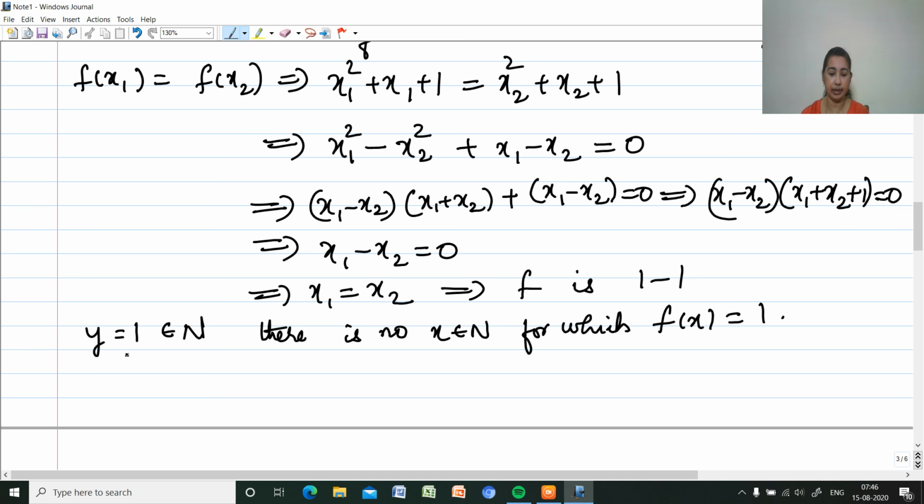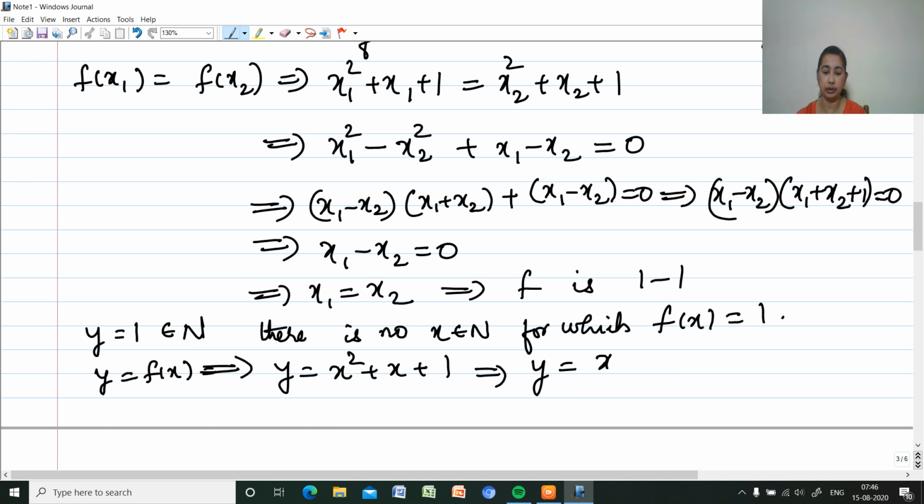So I am taking the function y is equal to f of x, equal to the given function, y is equal to x square plus x plus 1. This can be rearranged. I can write x square plus x plus 1 as y is equal to x plus 1 by 2 whole square plus 3 by 4, making it a perfect square.